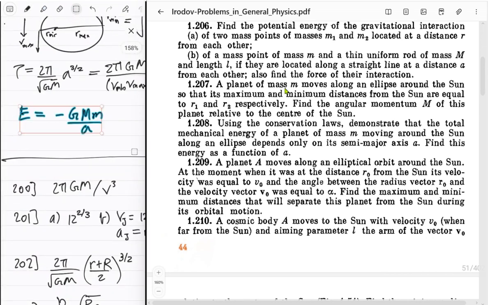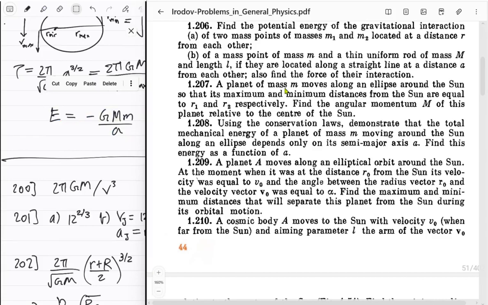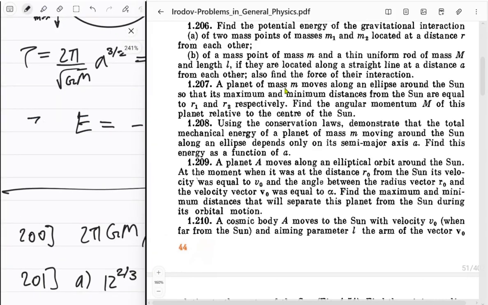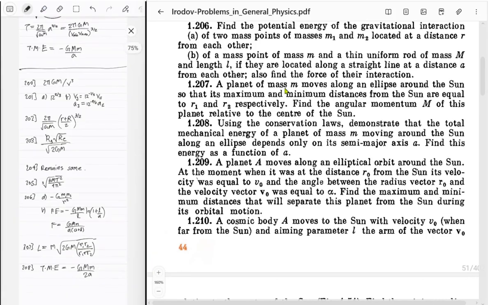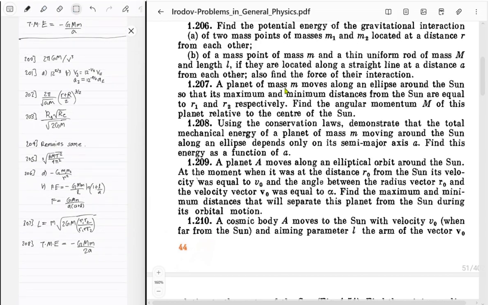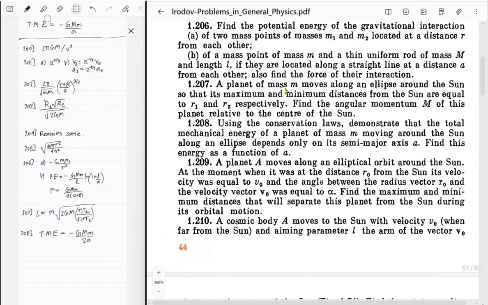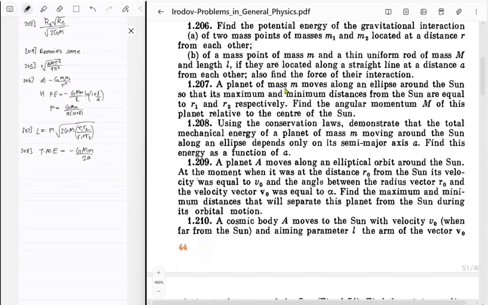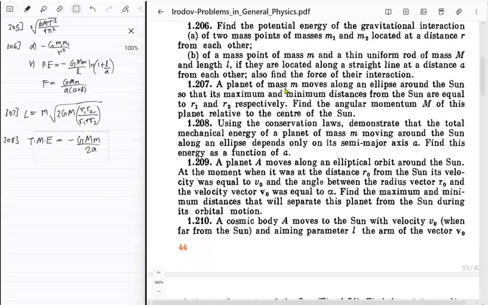It really is just the total mechanical energy. All right, next. Actually, I didn't even know about this formula before this question. Next, 29.